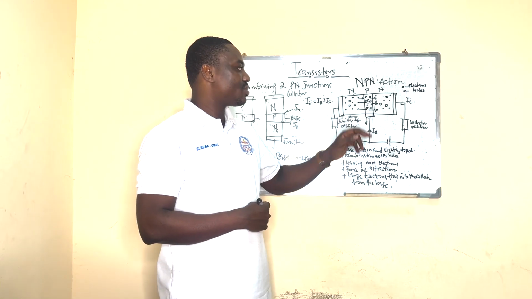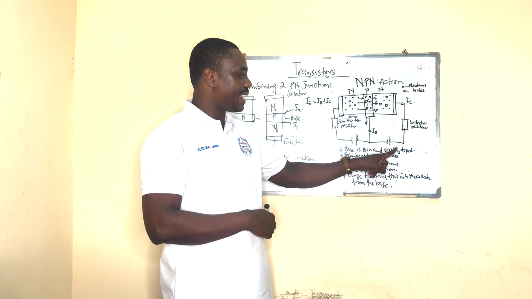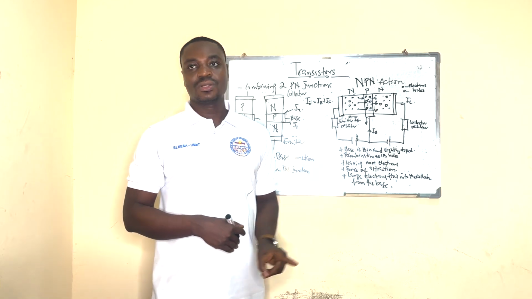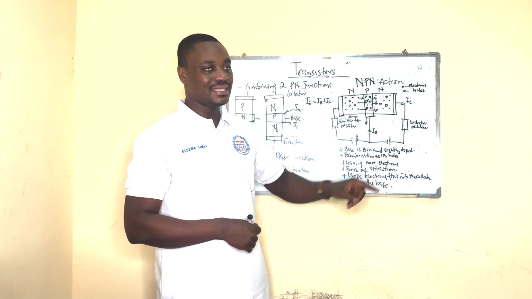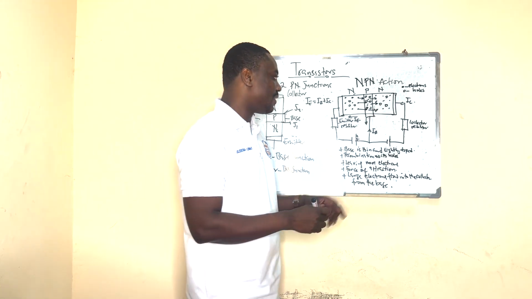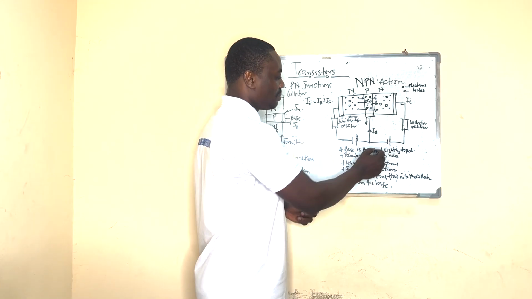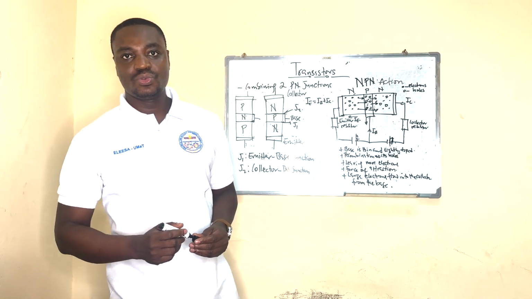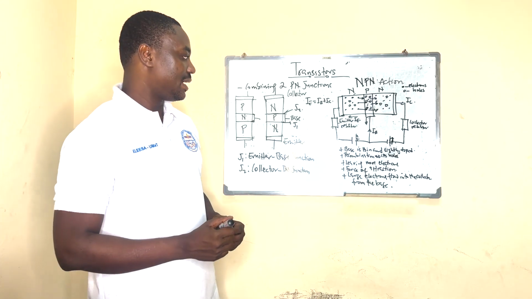And these electrons in the base region are forward biased to the positive terminal, which is connected to the collector terminal. So they force their way and come to the positive terminal connected to the collector terminal.